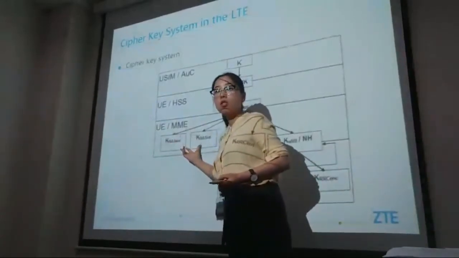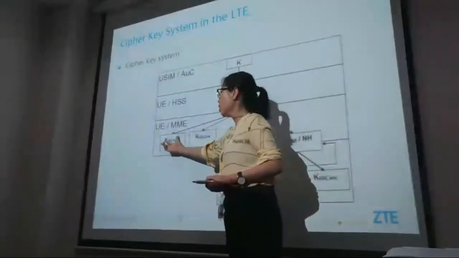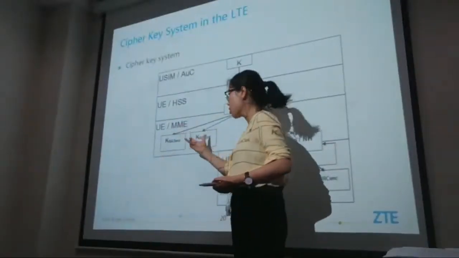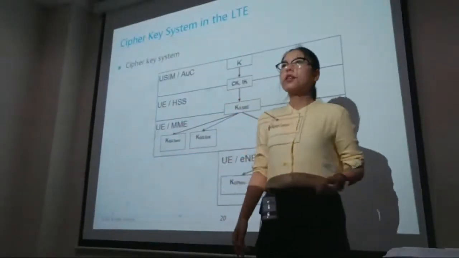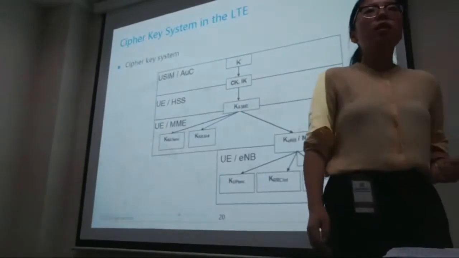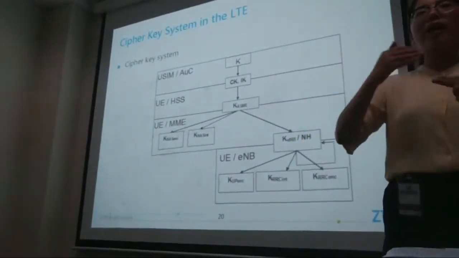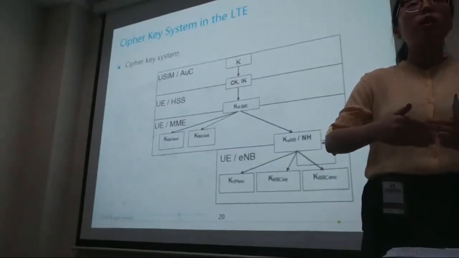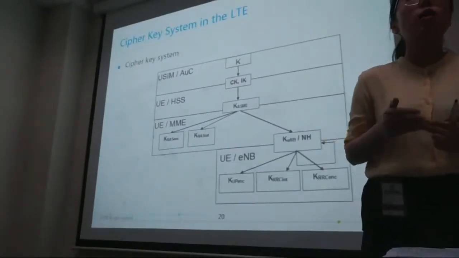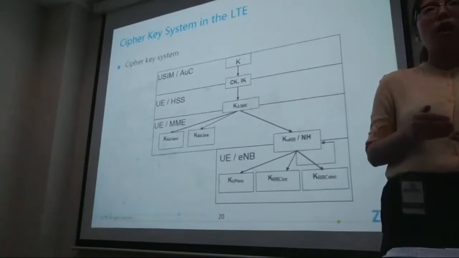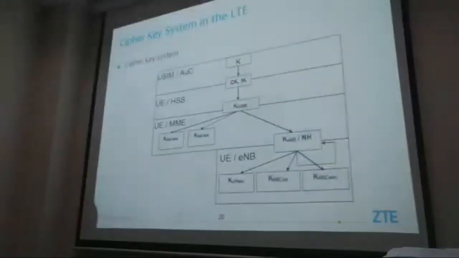For the security mode command, we use this key for integrity and this key for ciphering. And when this is finished, we need to activate AS security, right? So if we finish the NAS layer authentication and the NAS layer security, that means we can create an S1 connection.